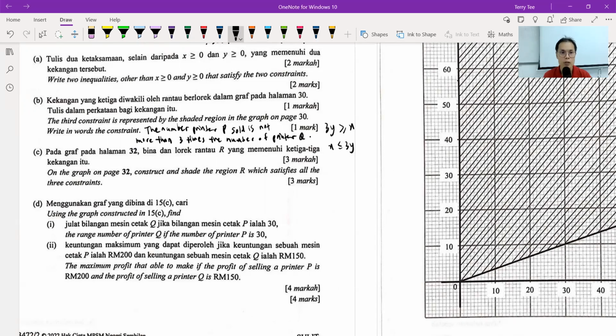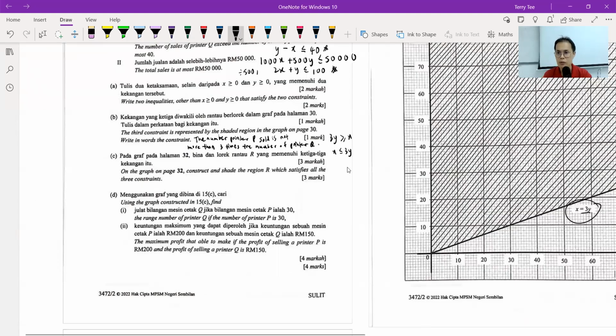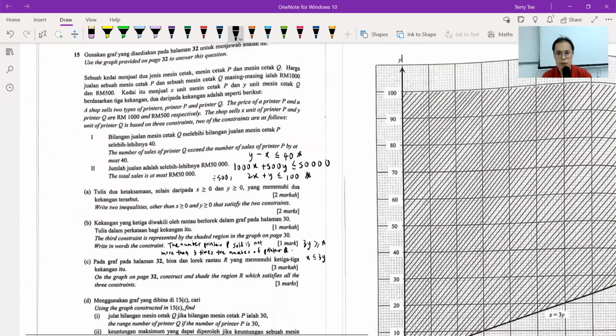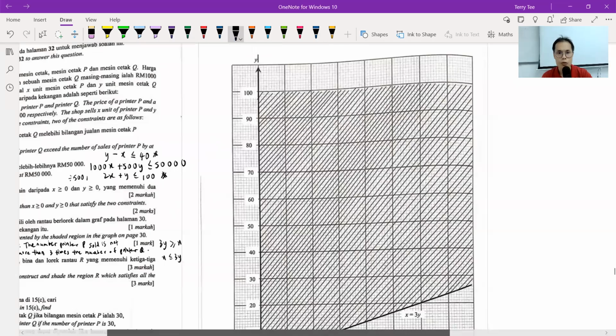Next one, part C. Use a graph to construct and shade region R that satisfies all three constraints. Actually, the third one I don't have to draw, I just have to draw the first two. I'm going to draw a table of values before I draw the graph.